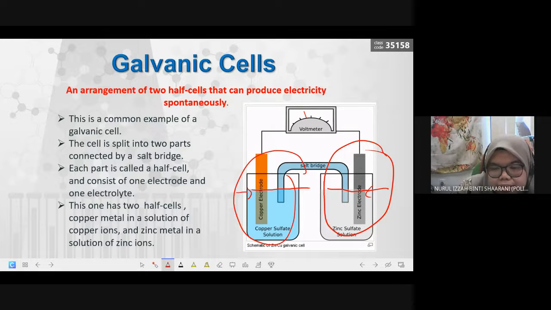So these are the thing yang kita dah tengok juga previously in our practical class. So if you have an electrode copper, so you punya electrolyte mestilah datang daripada ion copper tu sendiri. So whether copper sulfate, whether copper nitrate, biasanya nitrate atau sulfate lah. So same goes with this part jugalah. This ada half cell juga.